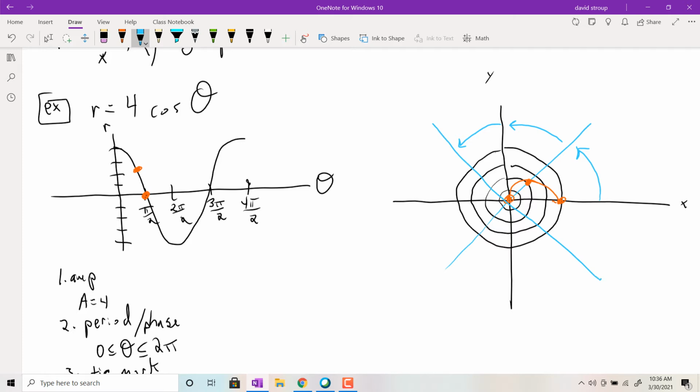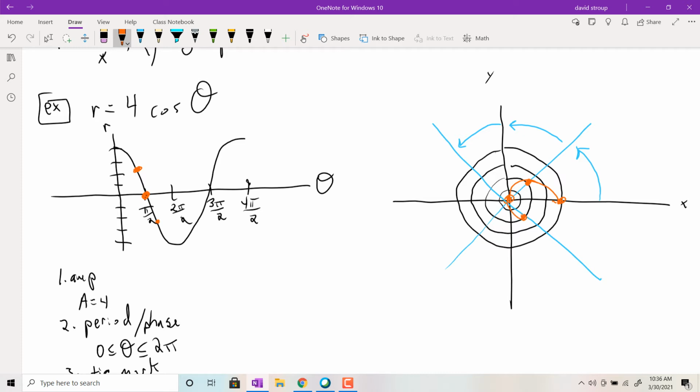Okay. Once you get to this place here, which is 3 pi over 4, your r value will go negative. So it'll be not on the positive side of the arm, but on the negative side of the arm. So let's sort of, somewhere around -2, maybe in between -2 and -3, will be -1, -2, maybe about right here-ish somewhere.